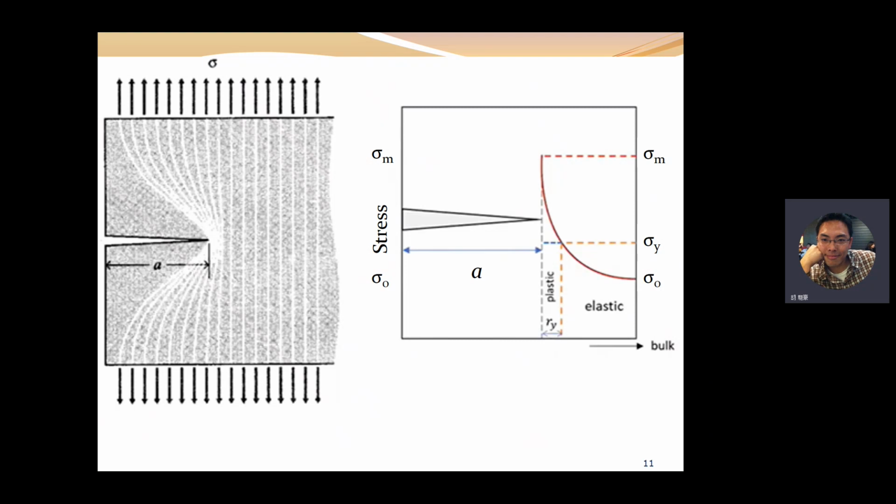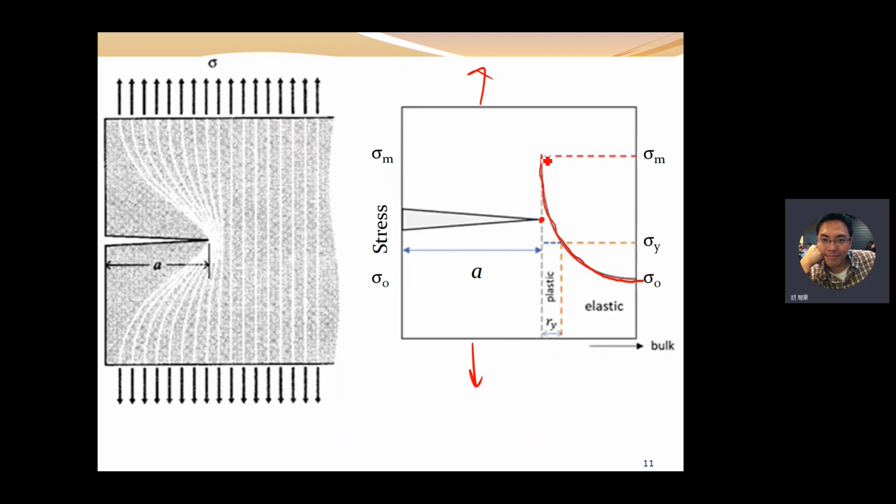If we compare, we can look at the stress distributed with distance or position. We can figure out the case where the crack is on the surface and we still apply a stress. This red line shows the stress distribution.